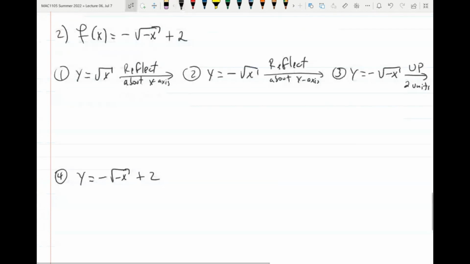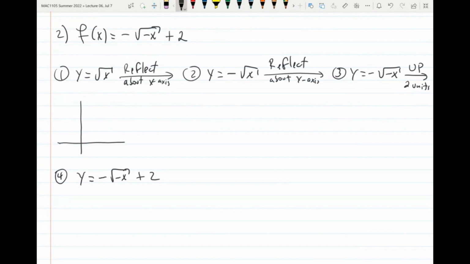All right, so now we do it. So start with square root function, 0, 0, 1, 1. Now we're going to reflect about the x-axis, so I'm going to take this picture and shift it down, okay?